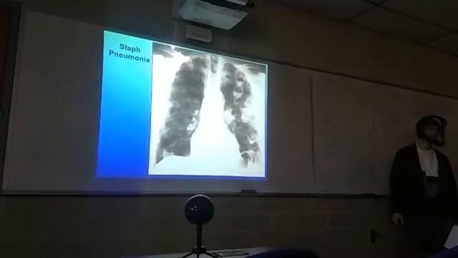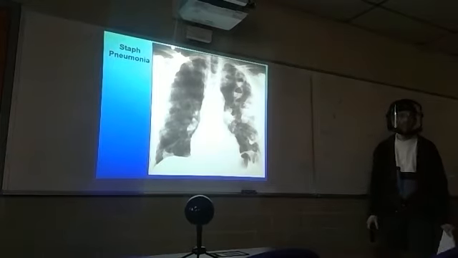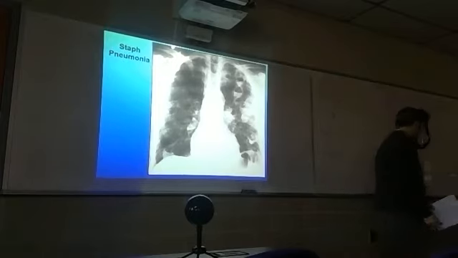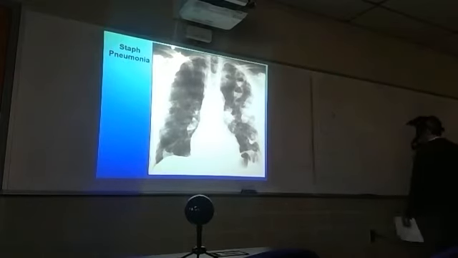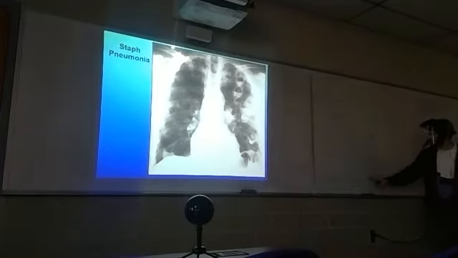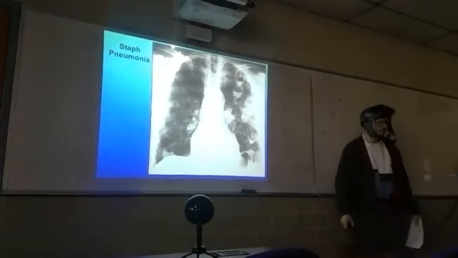Those are some common agents that cause infections of the lungs. In addition to that, we've got viruses that very often cause walking pneumonias, and fungi, which we'll talk about later. So these are the agents that tend to cause walking pneumonias: atypical bacteria, viruses, fungi, and naturally they present with interstitial disease as opposed to the airspace disease we've been seeing.